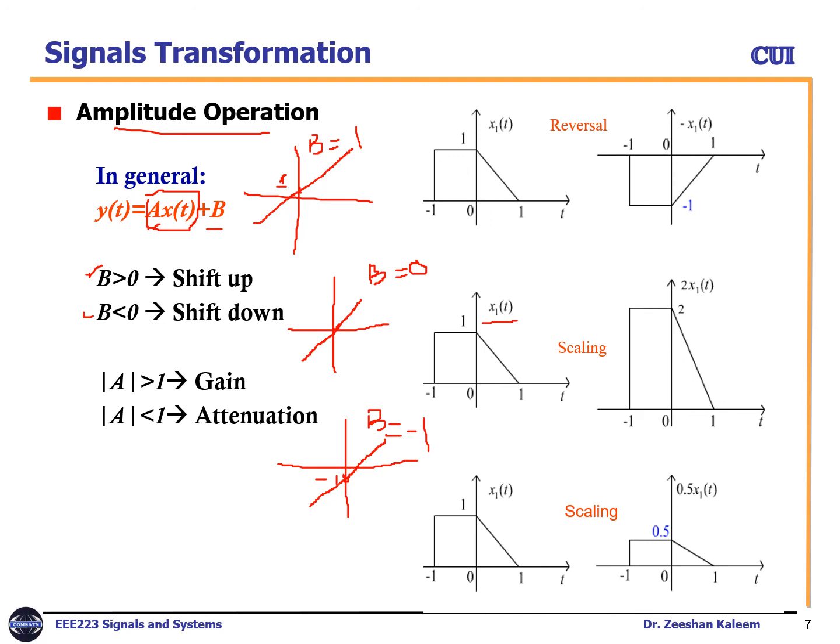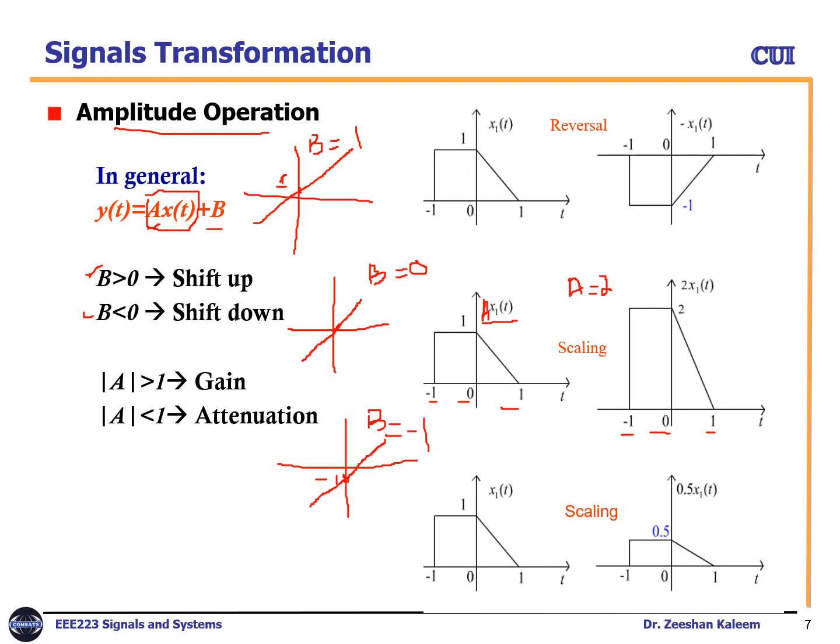If we multiply with some factor a here, what will it do? For example, here a is equal to 2. It will scale the amplitude by 2. Look at this, the time axis is the same: minus 1, 0, 1, here minus 1, 0, 1. It is not moving the x-axis, it is just scaling the y-axis because this is amplitude scaling.